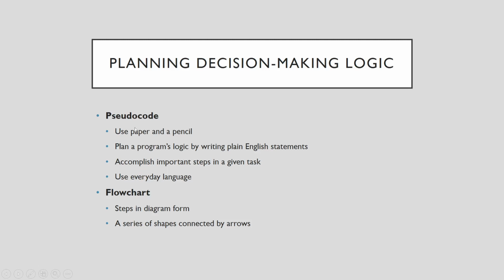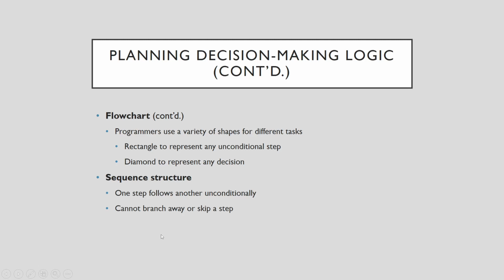And also, you can use the flowchart. It's just using the symbols in a flowchart for showing the flow of the program. And it uses a variety of shapes for the different tasks.